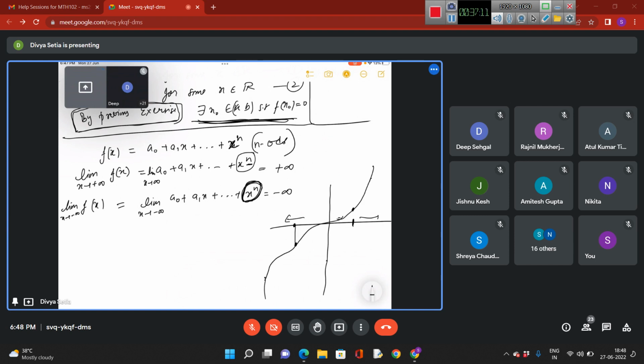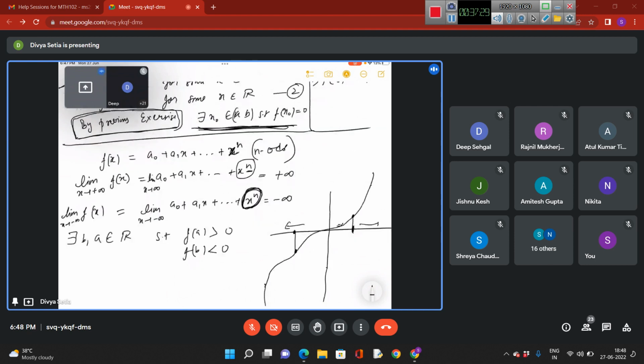There exist some a and b belonging to R such that f(a) is greater than 0 and f(b) is less than 0. I have precisely proved the existence, because if no such numbers existed, your limit would not tend to plus infinity and minus infinity. Because the graph of the function is like this.